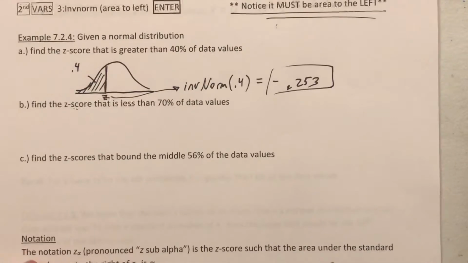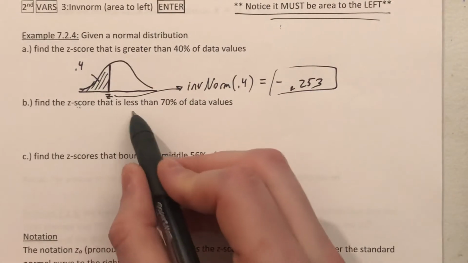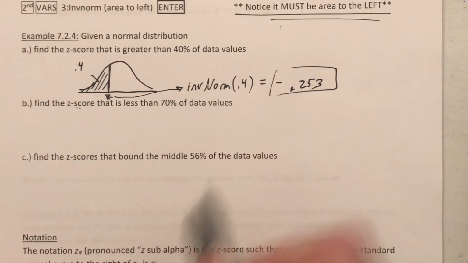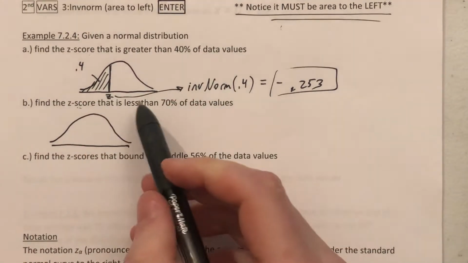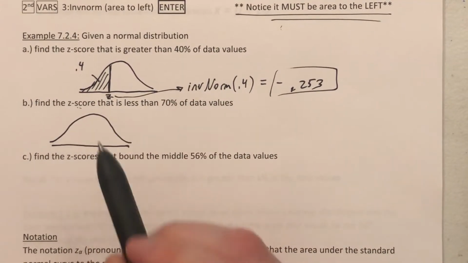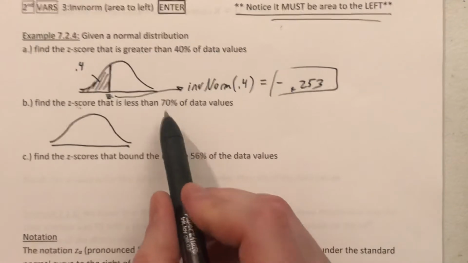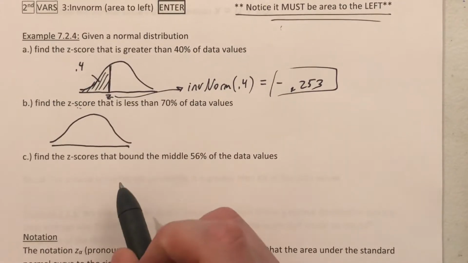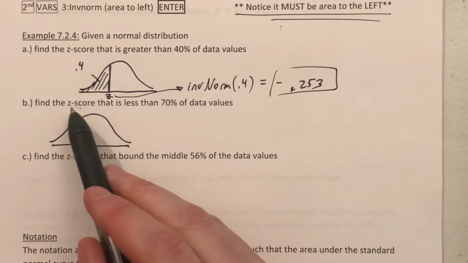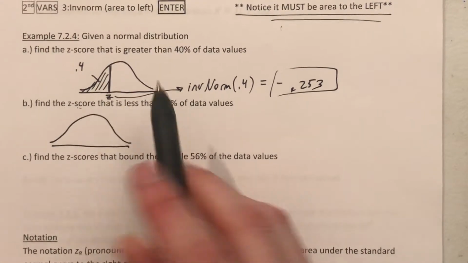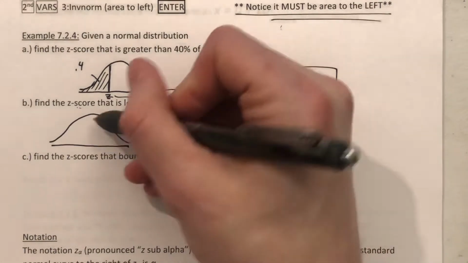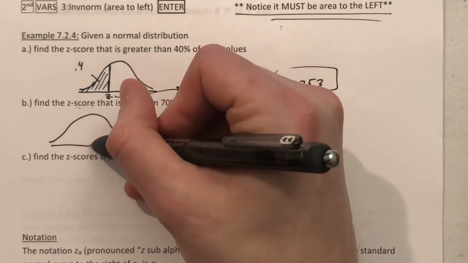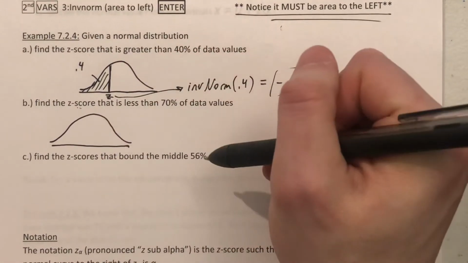Okay? Next one, find the z-score that is less than 70% of data values. So again, with a bell-shaped curve here, I want my line to be drawn somewhere where it is less than 70% of the values, below 70% of the values. Or in other words, the z-score has 70% that are above it. Well, that means a lot of the data should be above it. Again, midpoint's 50%. I want more than 50%. I want 70% to be above it.